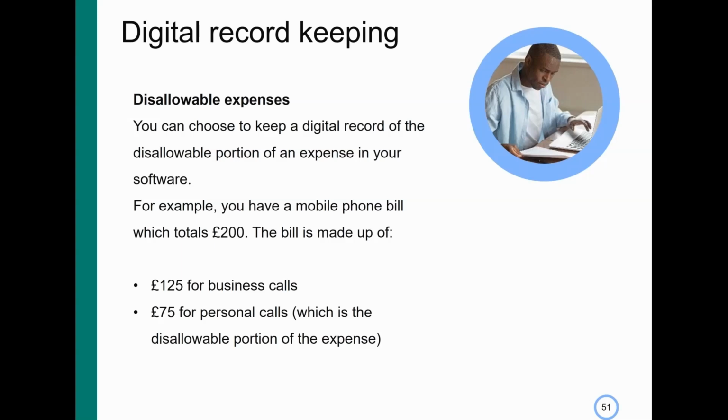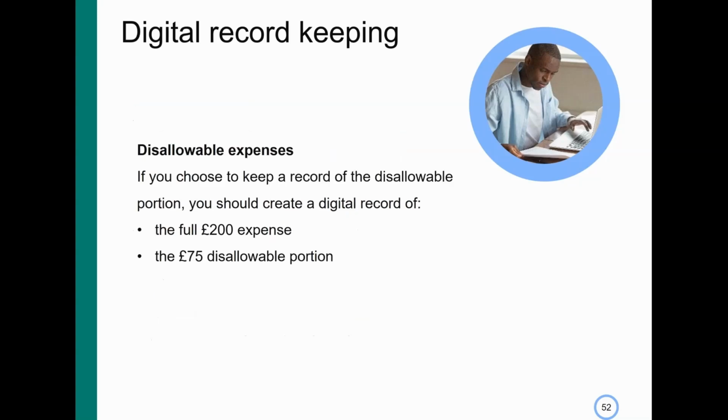The bill is made up of £125 for business calls and £75 for personal calls, which is the disallowable portion of the expense. If you choose to keep a record of the disallowable portion, you should create a digital record of the full £200 expense and the £75 disallowable portion.